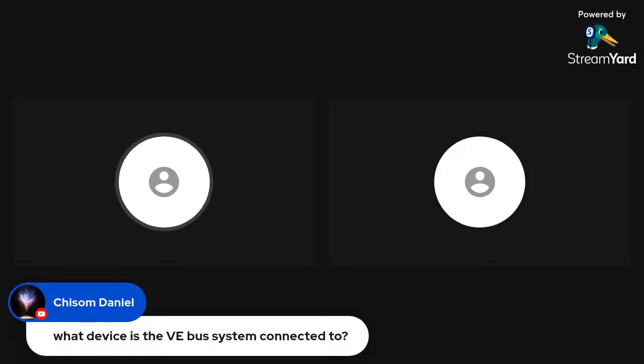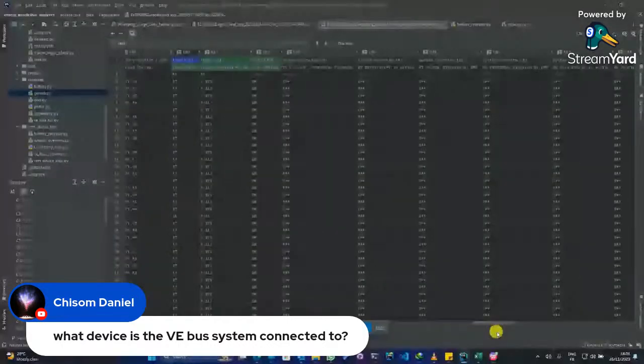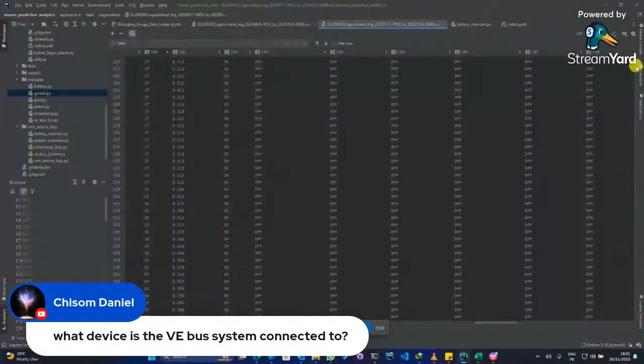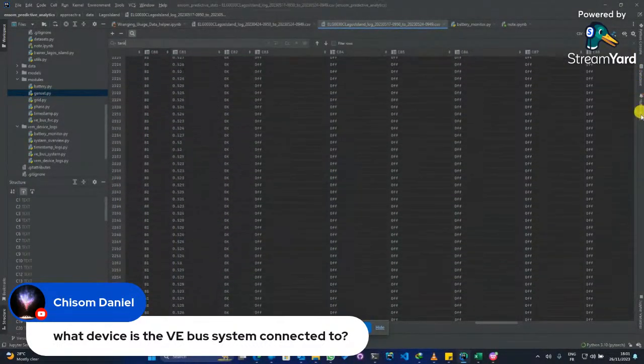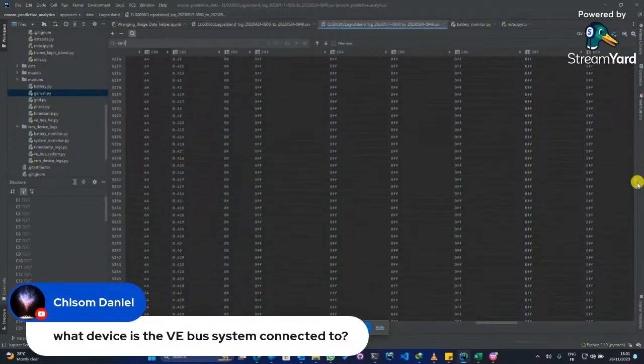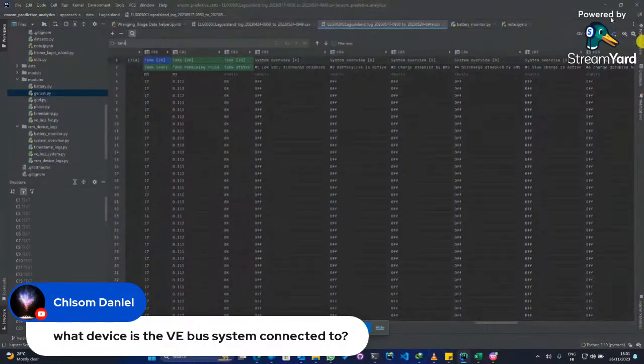Okay, for example, this one is constant, 17 and then 18, 19. Okay, good. Very nice observation. Actually, the tank level is in terms of percentage.